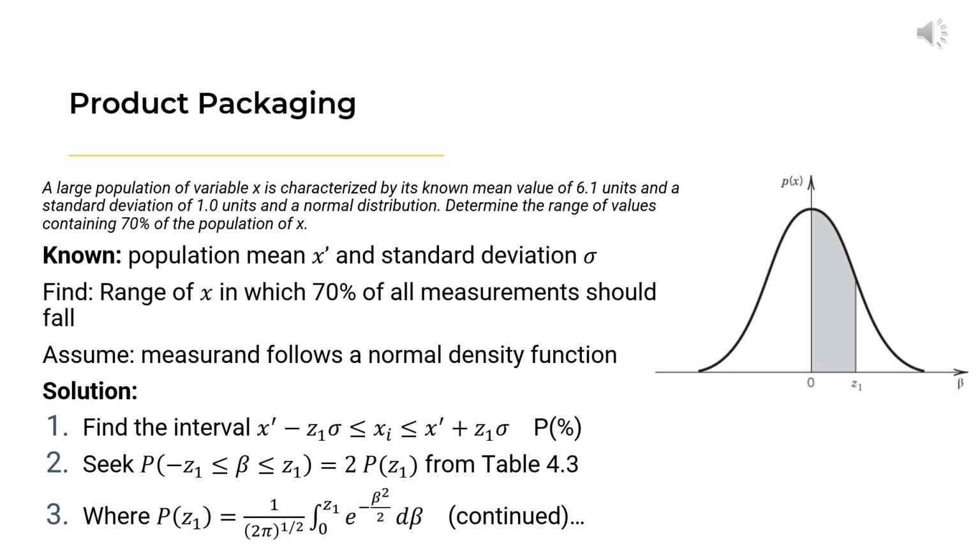We can transform that formal definition with the z-score to say that we're looking for the probability from minus z1 less than or equal to beta less than or equal to z1, which is equal to 2 times the probability of z1 from the one-sided table 4.3. That probability of z1 formally with the integral is 1 over square root of 2 pi, integral from 0 to z1, e to the minus beta squared over 2 d beta. But we don't need to solve that integral since it's already provided in the table.